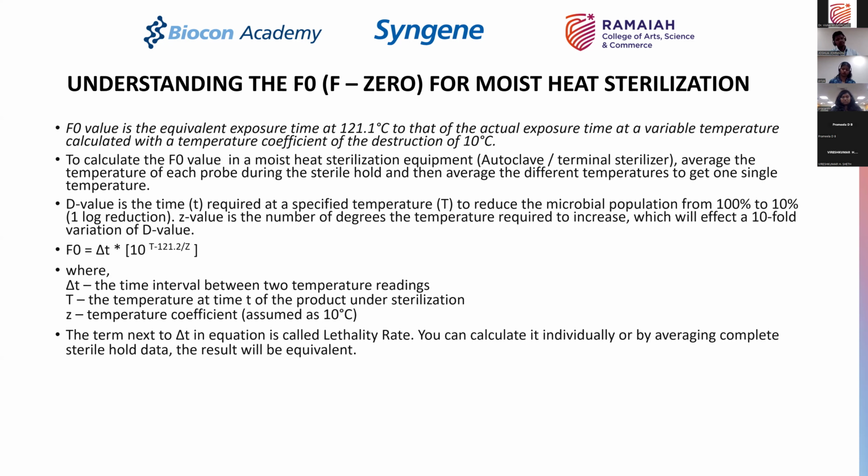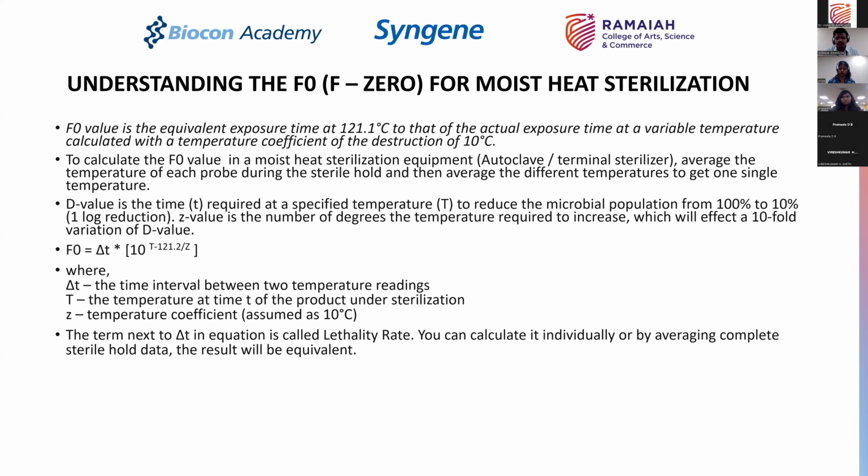Lethality rate is important because, if you remember the sterilization decision tree process, we said that by changing the conditions, you can still achieve moist heat sterilization. So it is that lethality rate. If you are able to calculate from F0 and D values, you can say whether changing the conditions will still give you a sterility assurance.